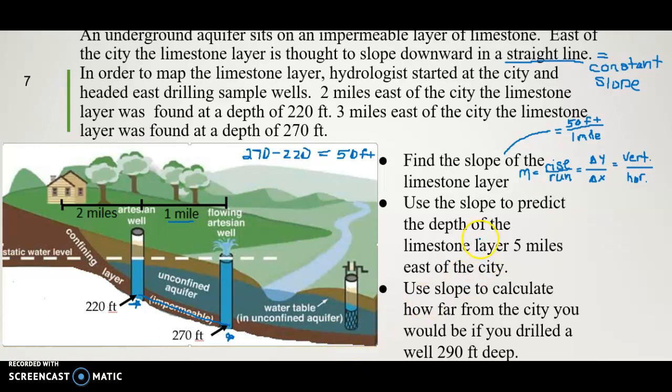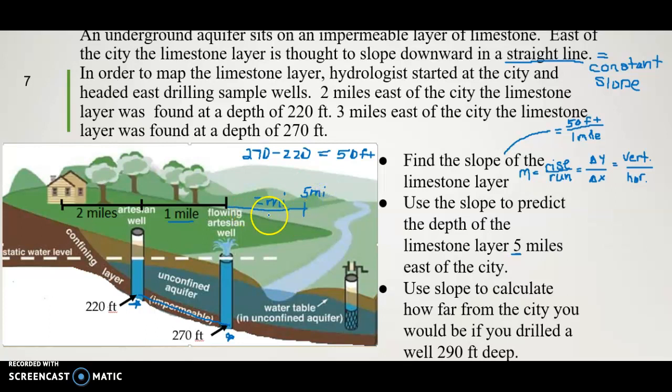Then it says, use the slope to predict the depth of the limestone layer 5 miles from the city. When I look at that 5 miles from the city, I have to go back to my picture and figure out where I am. Here's 2 miles, an additional mile, so that's 3 miles. If I continue out here for 2 more miles, so 2 additional miles, my location here is at 5 miles.